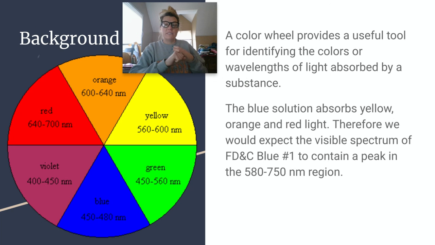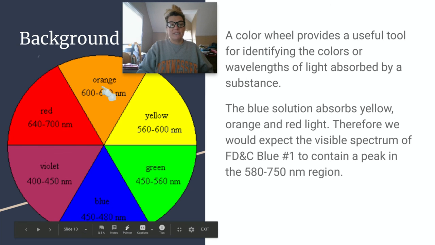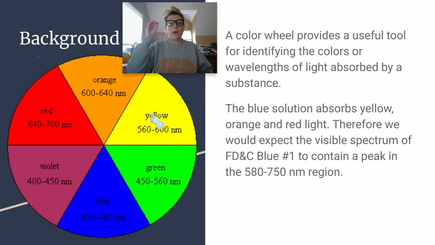Therefore, we would expect to see the visible spectrum of FD&C blue between 580, which is over here, to 750. Basically, the reason why we see blue is because these are absorbed. And in order to get the perfect peak or visible peak for blue, we have to look at the wavelength that is opposite it.